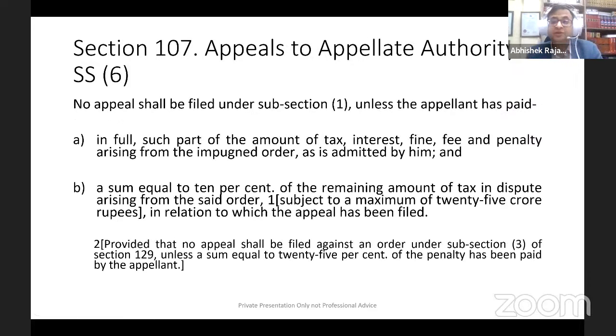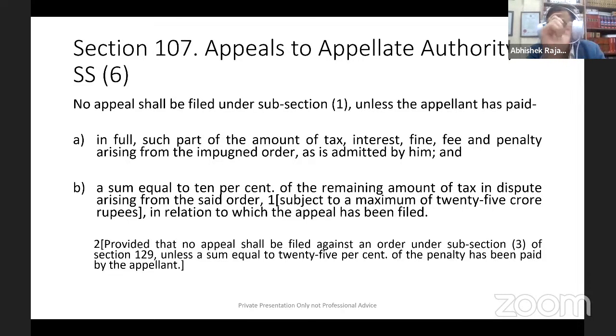So let's say there is an order of 10 lakh rupees. Now, out of this 10 lakh, you agree with the liability of 4 lakh rupees. Remaining 6, out of this remaining 6, let's say 3 lakh rupees is disputed tax liability, and the remaining 3 lakh is interest and penalty.